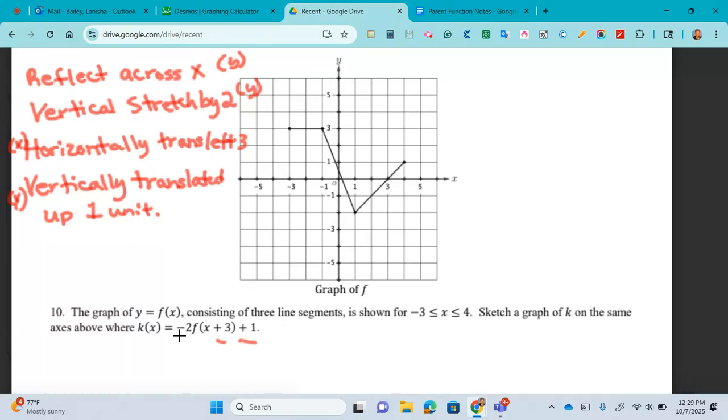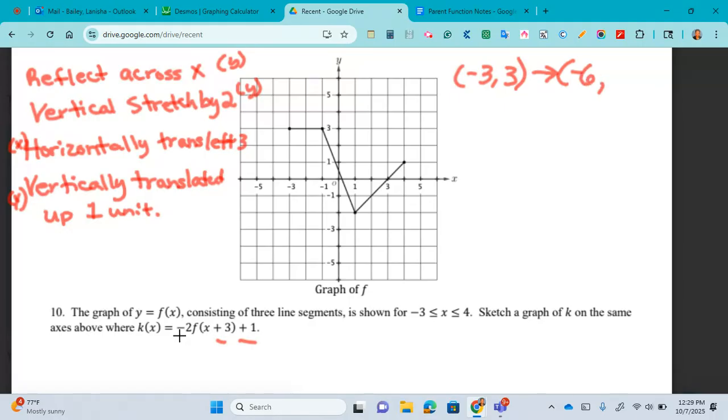Coordinates. -3, 3. So the x value, which one affects the x? It was horizontally translated left 3. So if it went to the left 3, -6. Okay. I need a minute to process.